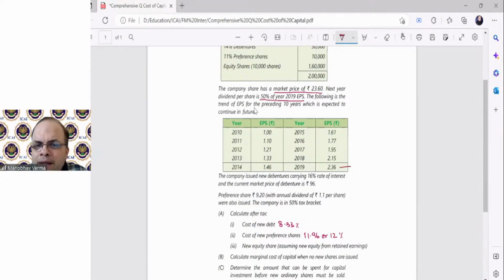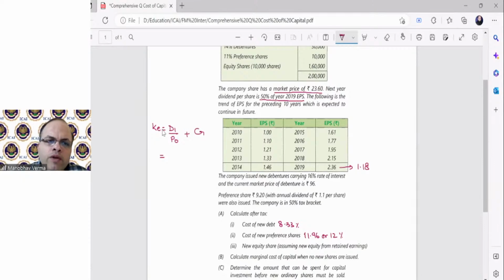So 2019 EPS is 2.36. 50% is 1.18, if I'm not wrong. The only point I need to check with you guys is, what is the growth rate? Have they given us a growth rate? If I have to calculate Ke is equal to D1 upon P0 plus g.